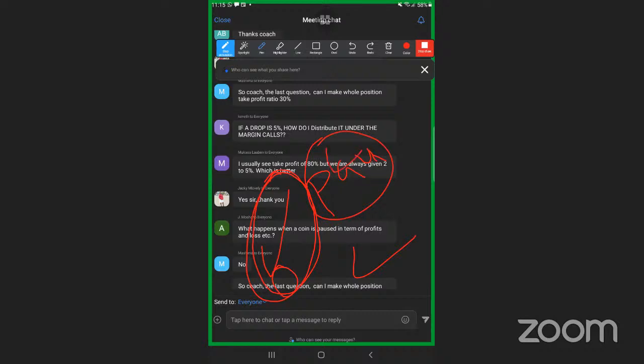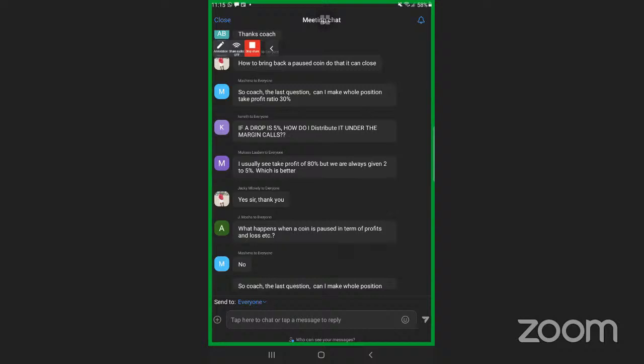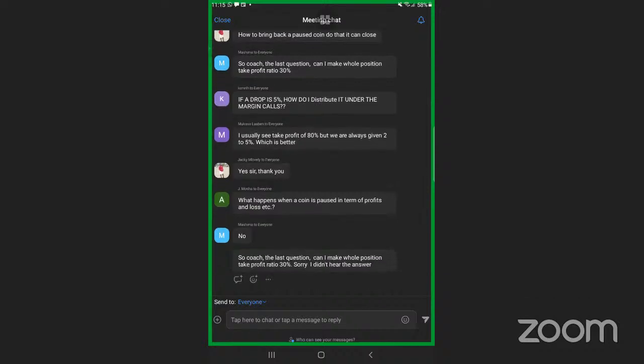You will discover that it is already in profit if it is in profit. If it is still in minus, it's still going to show minus. Are we together? So a stopped coin is still trading, but it cannot sell when it reaches your take profit. It cannot buy if it reaches your margin call drop.